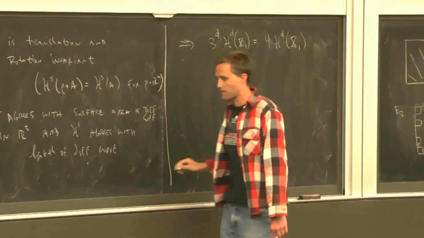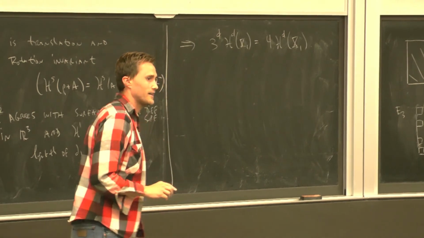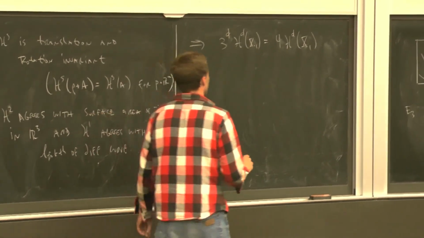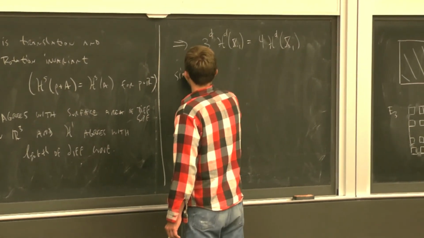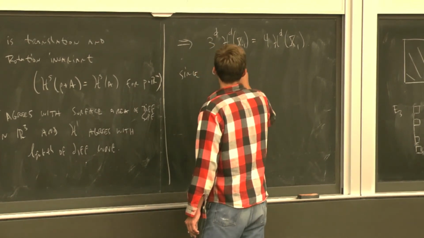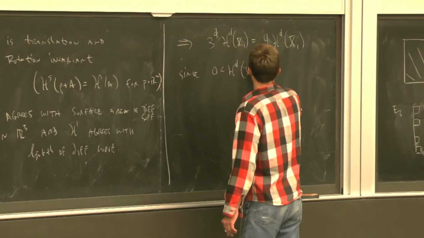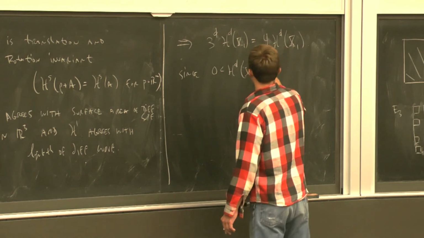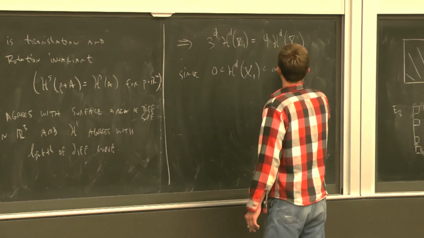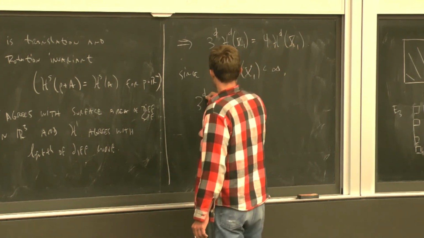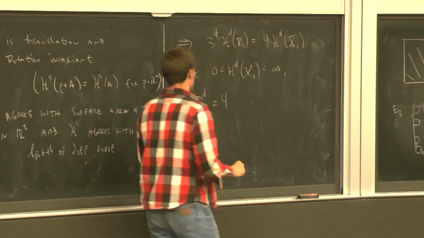Hopefully you now know why I had to assume it was non-zero and non-infinite. Since 0 is less than HD of x1, which is less than infinity, we see that 3 to the D is equal to 4.